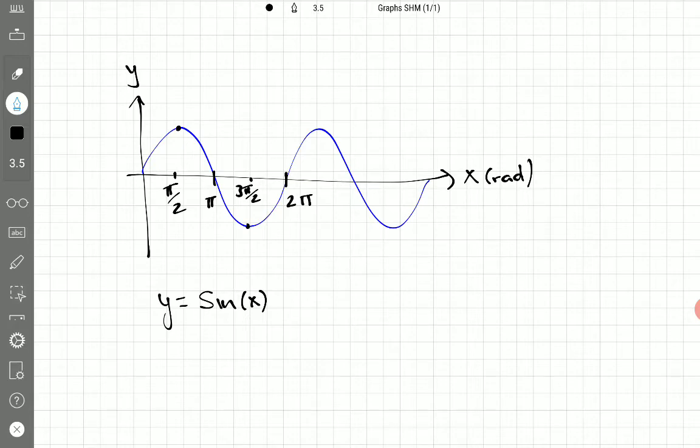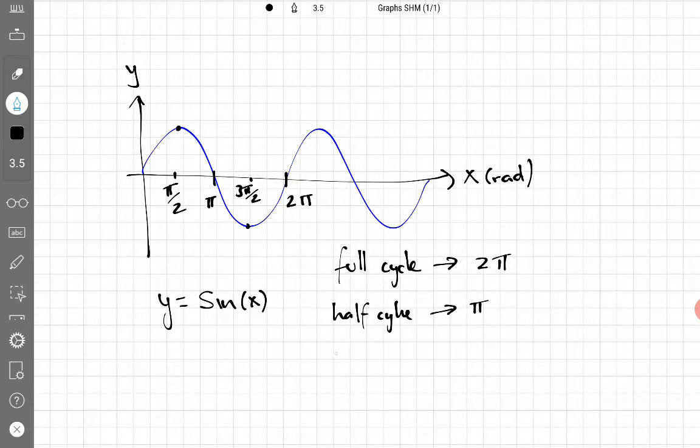So you need to remember that if you want to shift things by one full cycle, one full cycle will be 2 pi, right? Half a cycle would be pi.